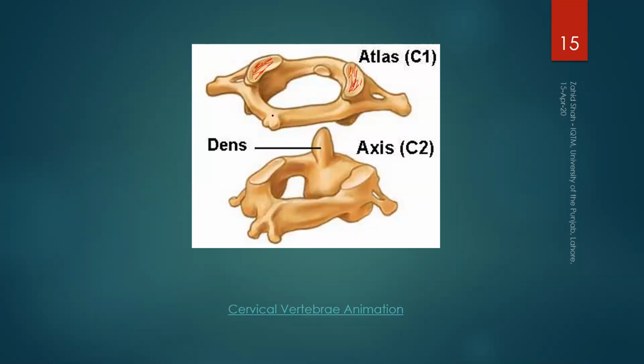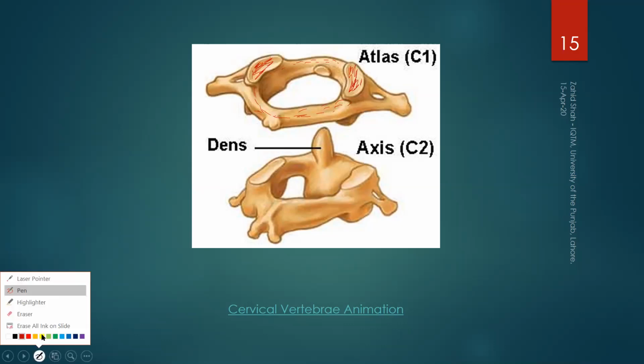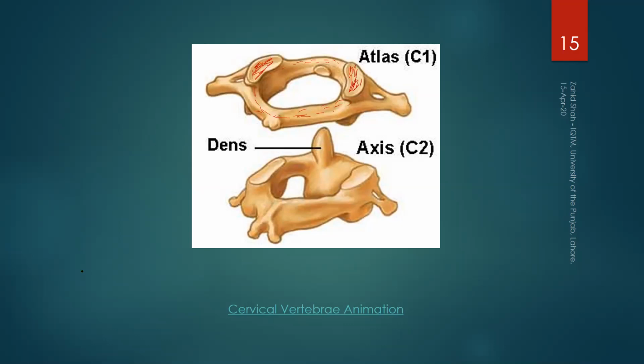So your skull actually sits very beautifully on the atlas. Now the joint between atlas and skull is one that is used to move the head front and back. So for example, once you say yes and nod your head in the front direction and move it back, that is because of the joint between atlas and skull.